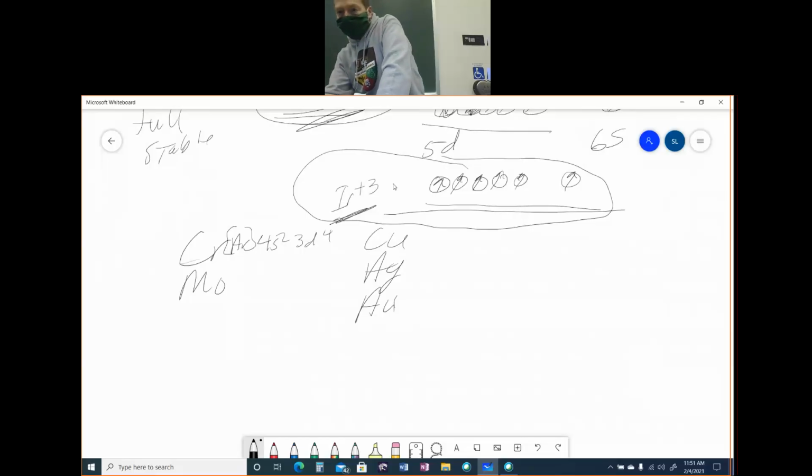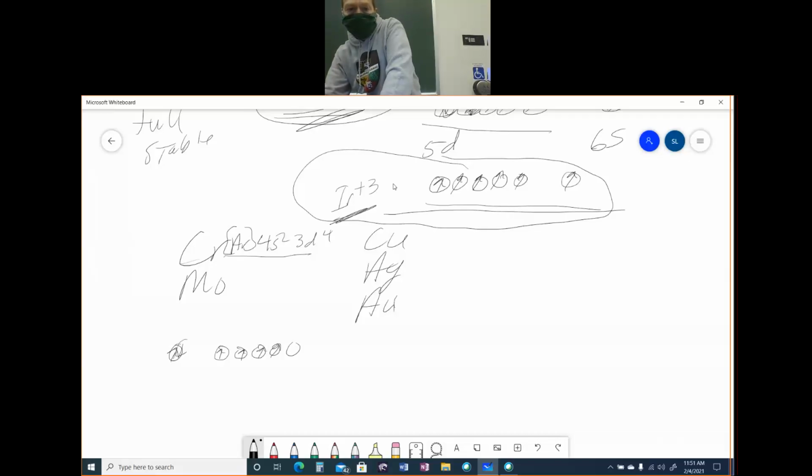So the reason why I could expect the possibility of iridium +3 being this is because of what I find right here in chromium. In chromium, you've got your paired electrons here, and then you have your 4 electrons here.